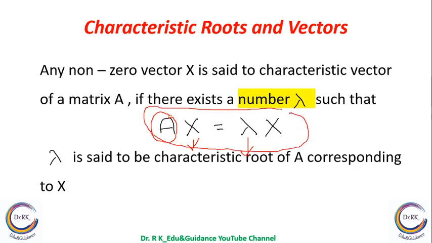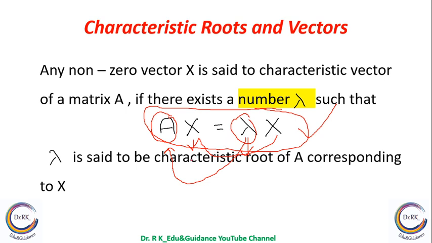So A is a matrix and X is a column vector, and lambda is a scalar such that Ax equal to lambda x. Then this lambda is called an eigenvalue of A, and this x is called an eigenvector of A corresponding to this lambda. That means for every lambda we'll have a corresponding x. So that is the basic definition of eigenvalue and eigenvector.